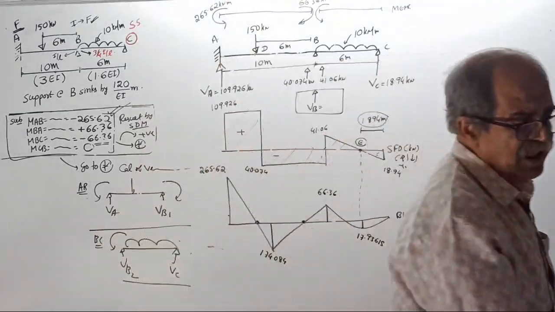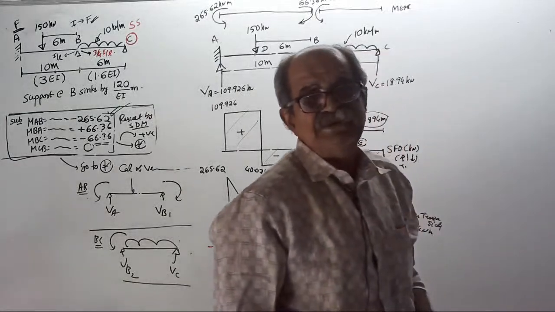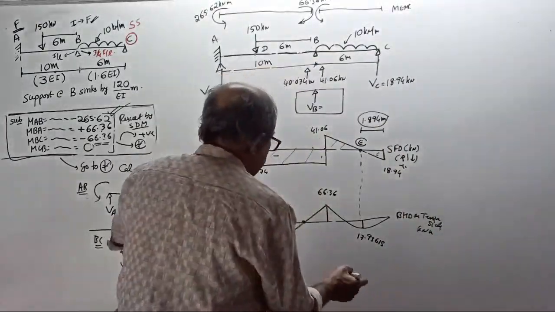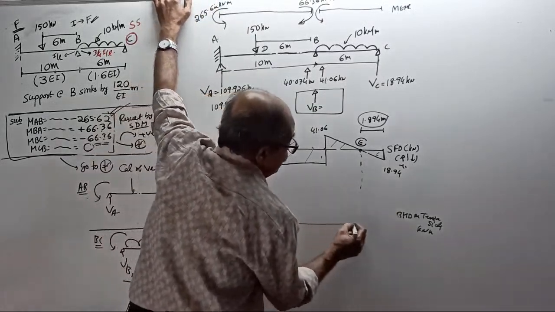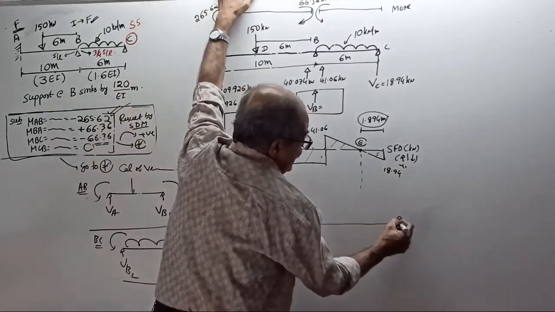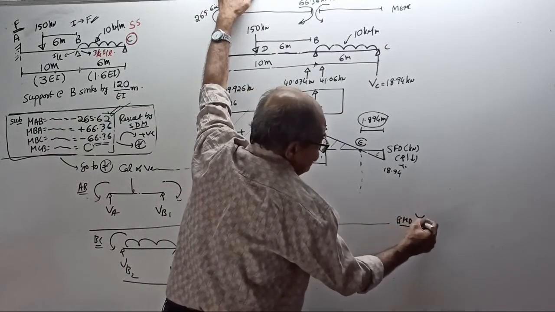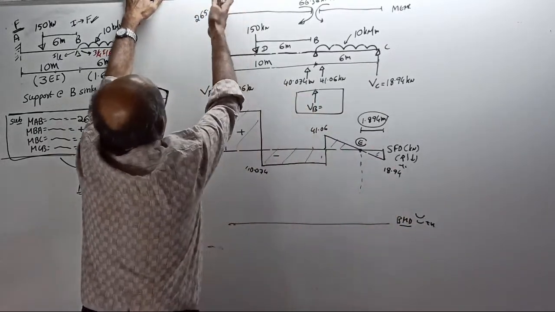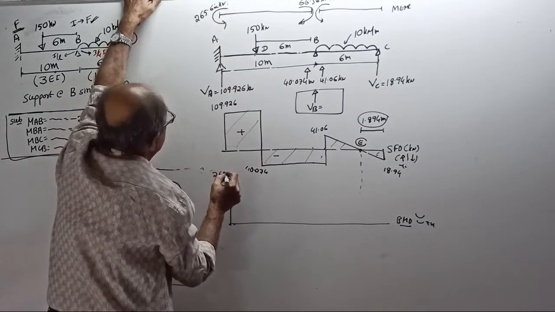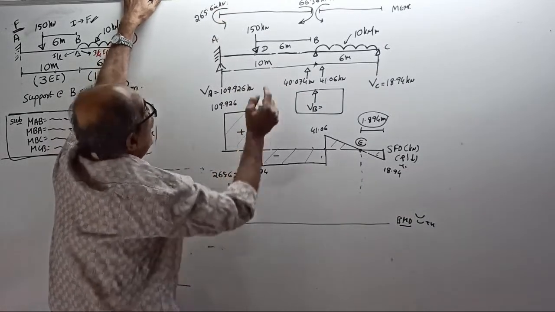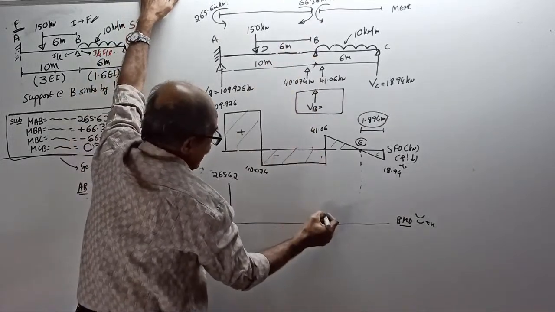And so many people, they want superimposing principle. Usually academic. For them, I will write once again here. Those academic point of view. Then you write BMD sagging positive. Okay, start. Hogging 265.62 on the upper side. And here hogging 66.36.